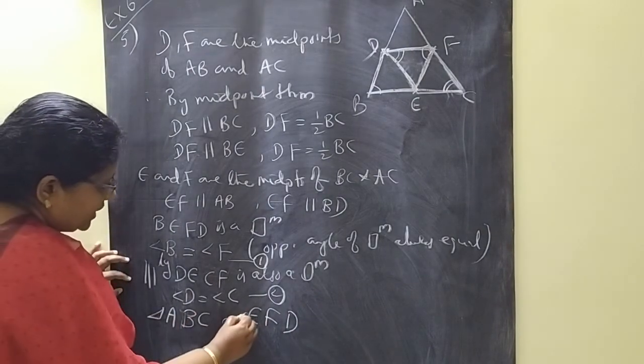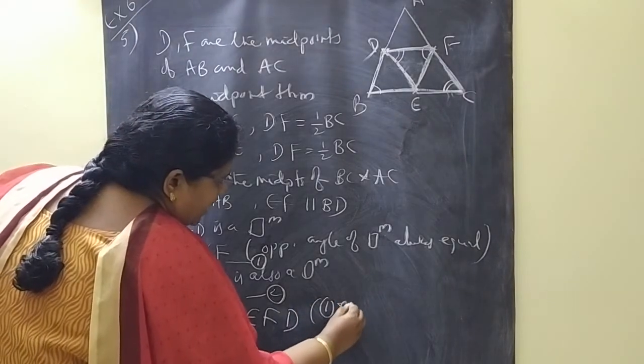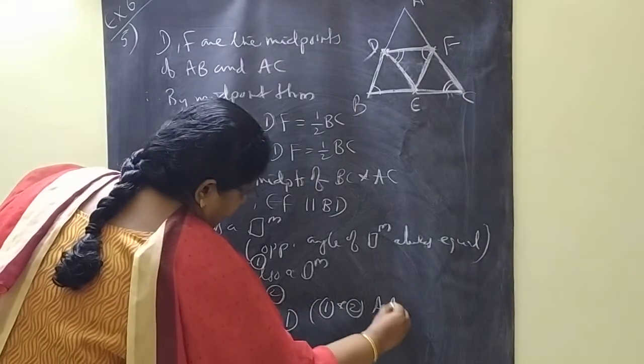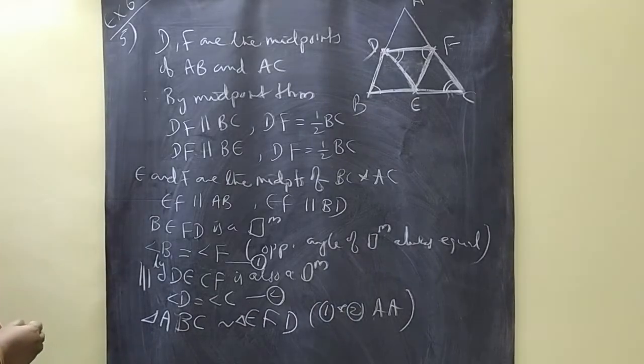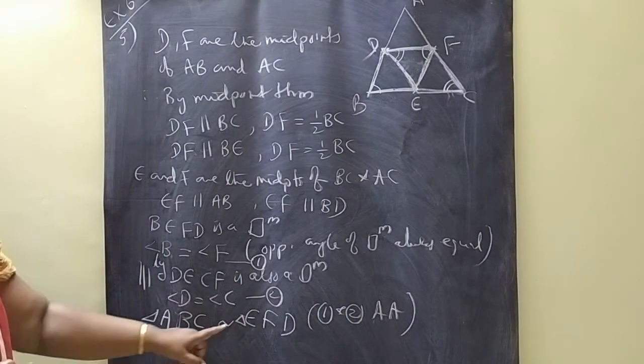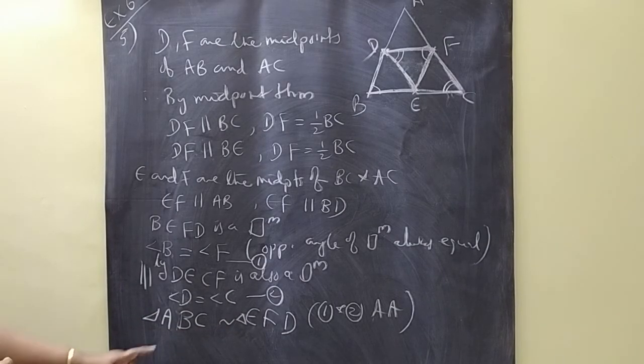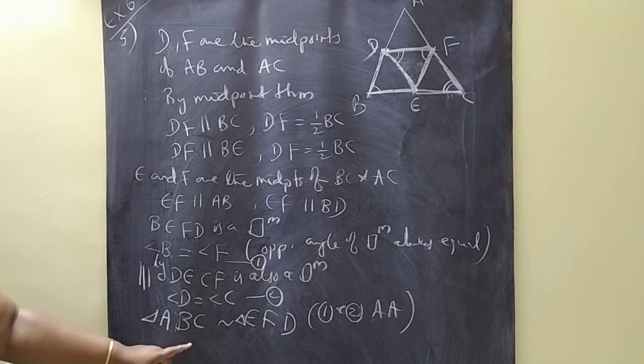So these two triangles are similar by the AA similarity criterion. These two triangles are similar, which means we can apply the area theorem.